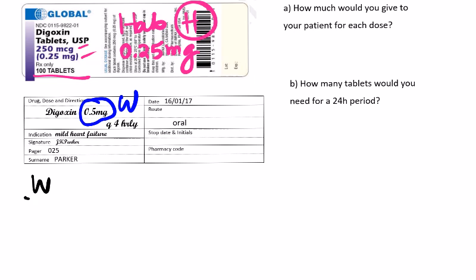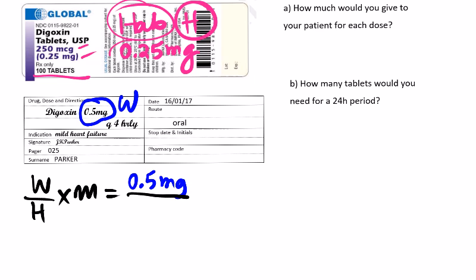So our want over have times the third quantity, which in this case will be probably the number of tablets. So the want is 0.5 milligrams over the have is one of those quantities, either the 1 tablet or the 0.25 milligrams. In this case, we need to use the 0.25 milligrams, so top and bottom of the fraction match.